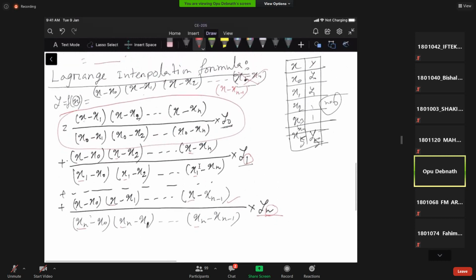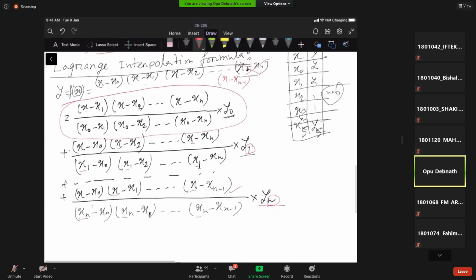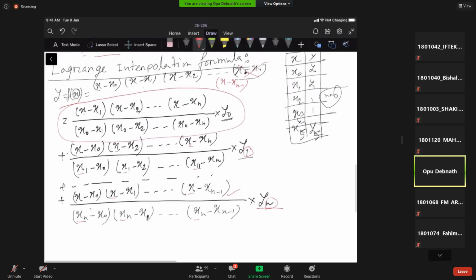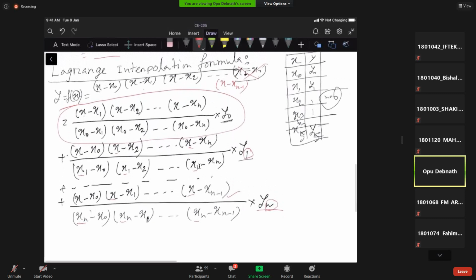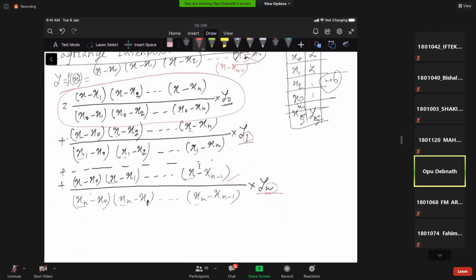So once you can write this Lagrange interpolation equation, whether you have 3 terms or 4 terms of data set, you will simply write the equation. After writing the equation, just simply put the values. Here is a long calculation, so it is advised for all of you to calculate term by term.